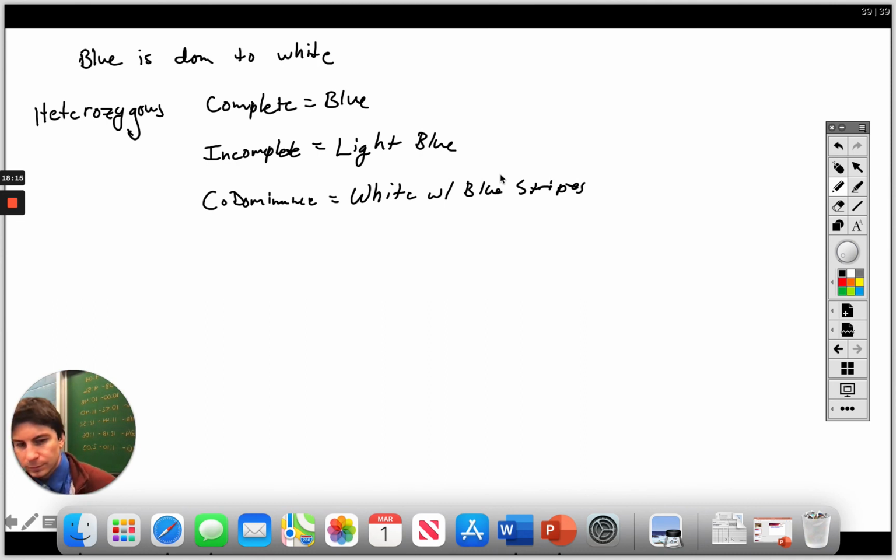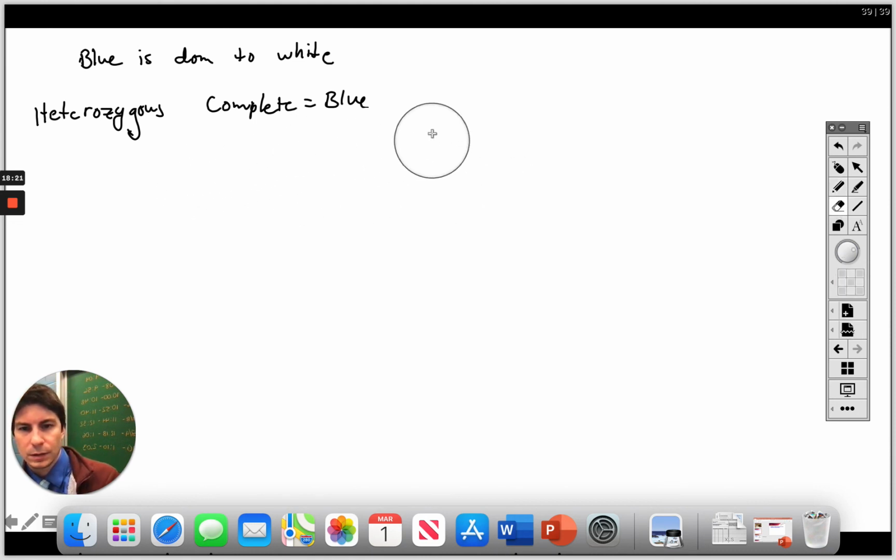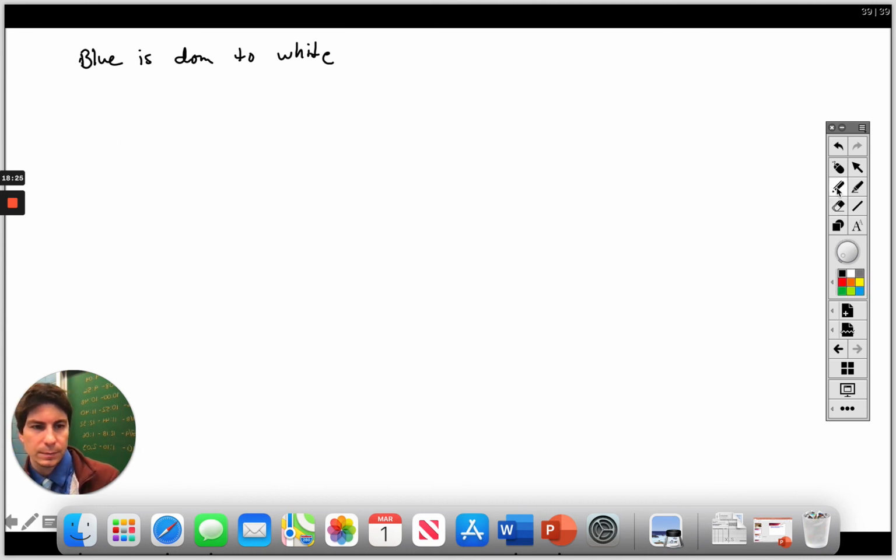Now, let me do some genotype work with you on this same example. So if it's going to be, I'm just going to do complete. Big R, little r would be blue. Let me list the other ones too, just so we have them all.